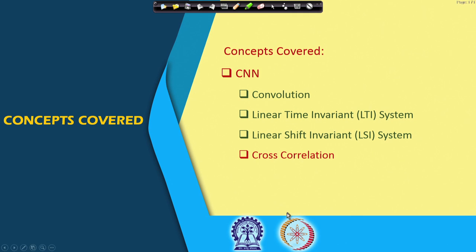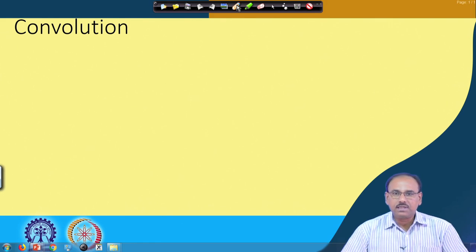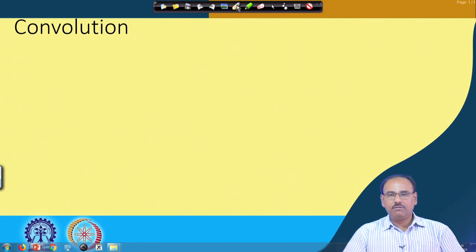What we have seen in our last class is that from now onwards, we will use the linear time invariant system and linear shift invariant system interchangeably. When I talk about linear time invariant system, this is applicable for time domain signals like speech signal.